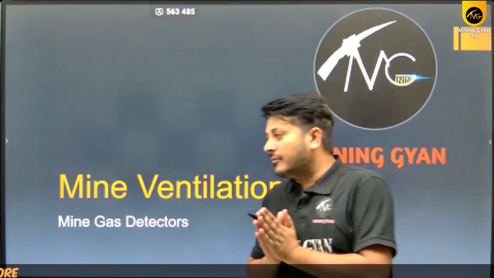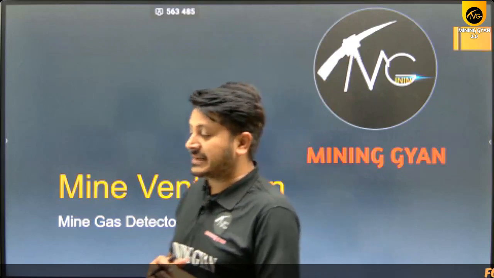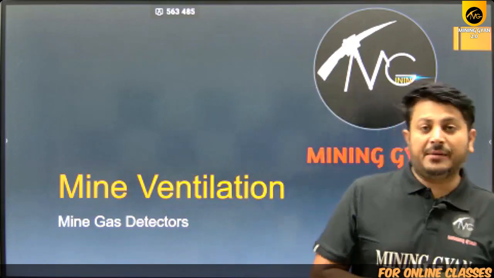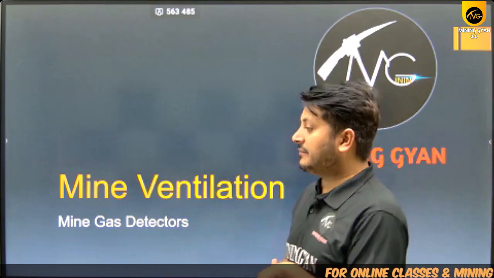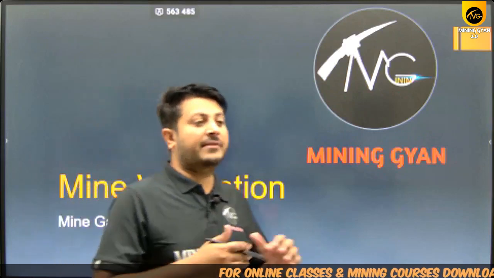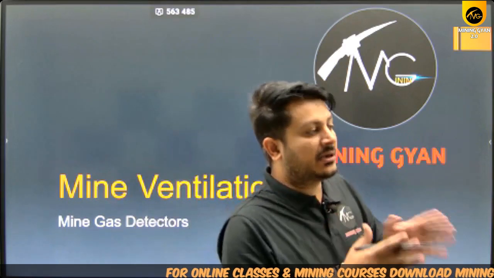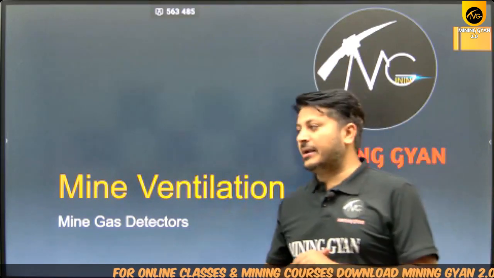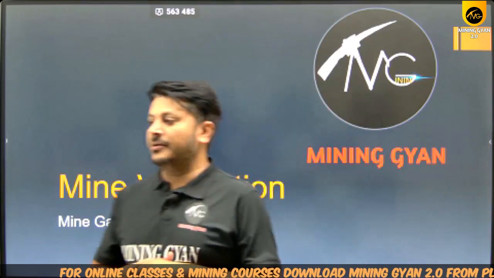So basically, till yesterday, we have studied what the properties of different gases are and what the physiological effects of different gases are. But if we talk about the detection of gases, then we have to know how we can detect any gas, or how we can come to know that some sort of gas is present over an area where we are working.